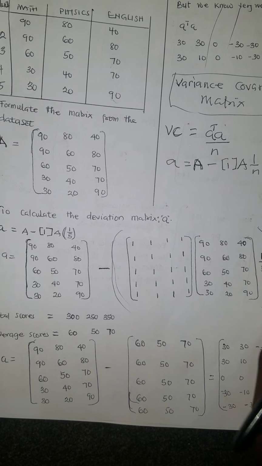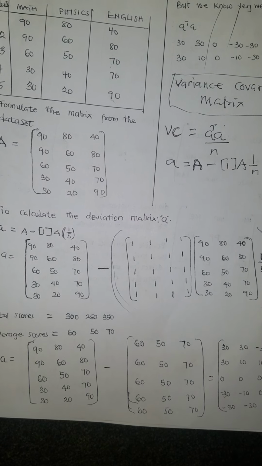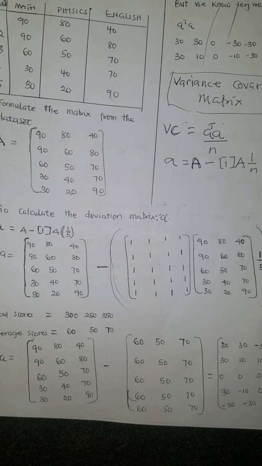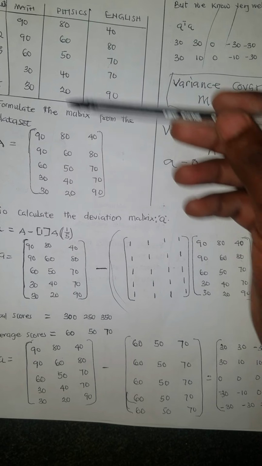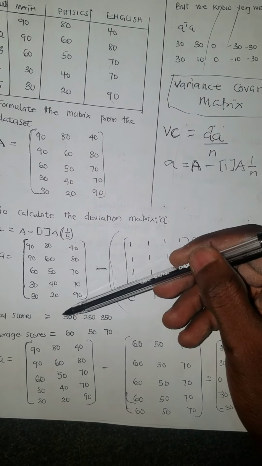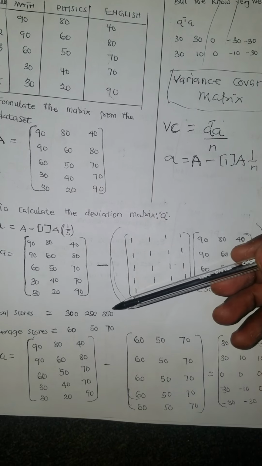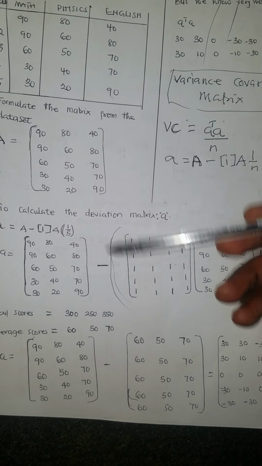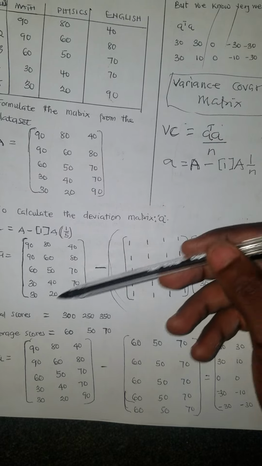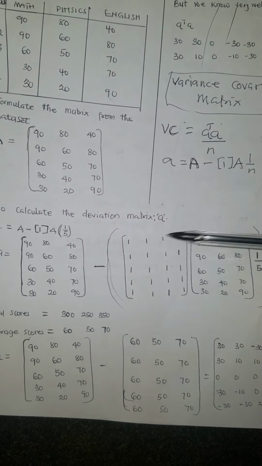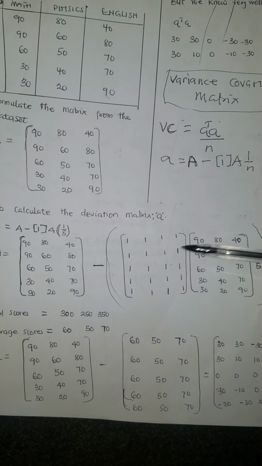Every data set, every subject here in a matrix form. So I've found the total of every subject, which is 300, 250, and then 350. To find the mean, we have to divide it by the number of what? Subjects.